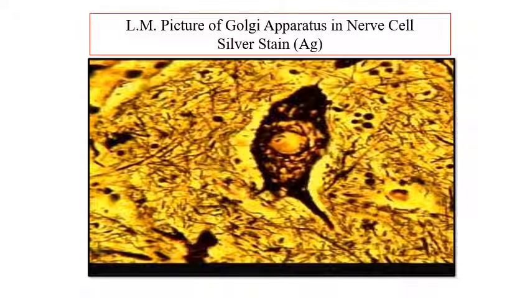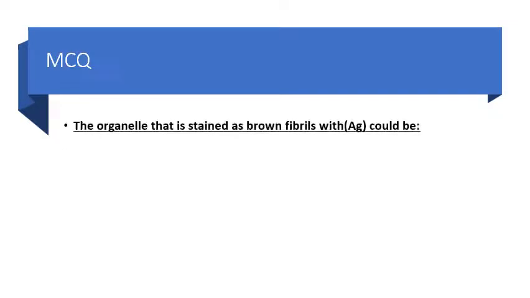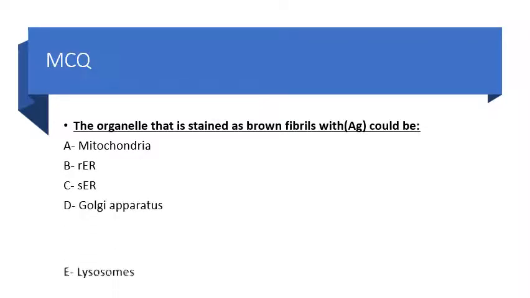Here is the Golgi apparatus perinuclear in the nerve cell, stained by silver. The organelle that is stained as brown fibrils with silver is the Golgi apparatus.